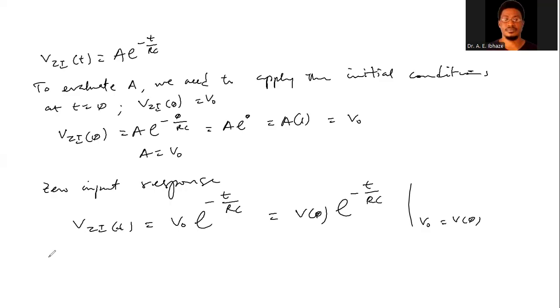Now you observe that RC is the time constant, usually addressed as tau equal to RC. It is a measure of how long a capacitor has either charged or discharged, and this usually takes up to 5 time constants.